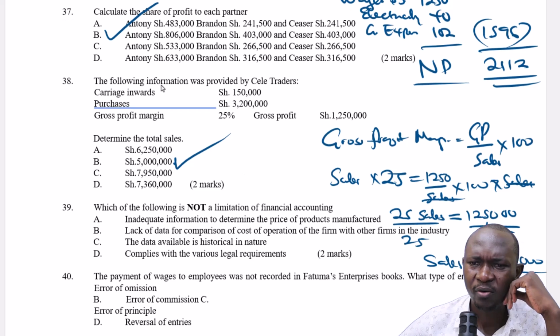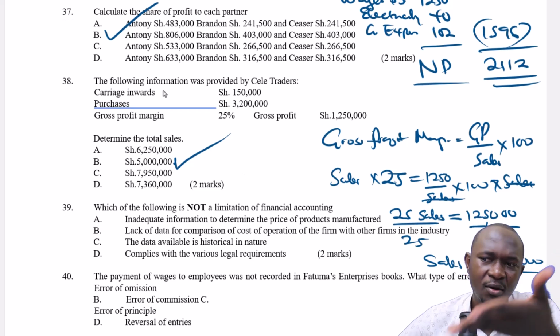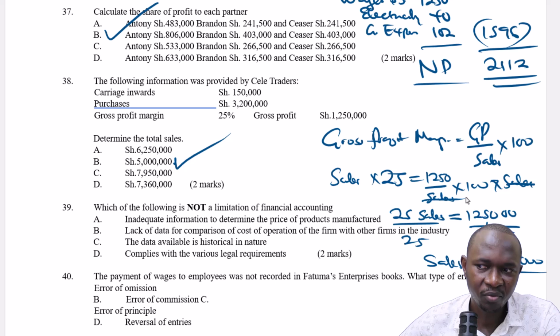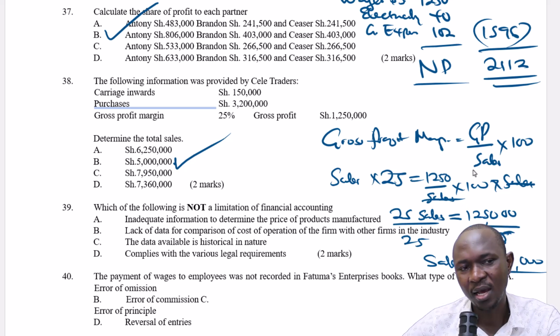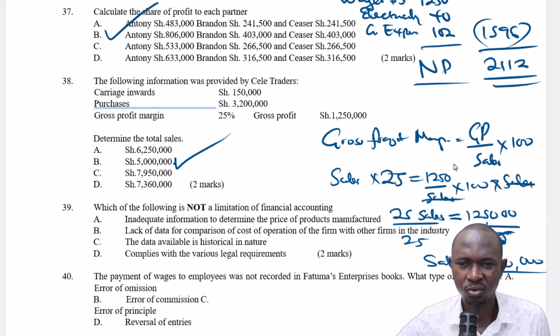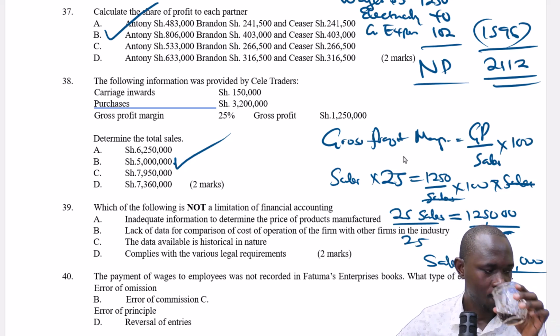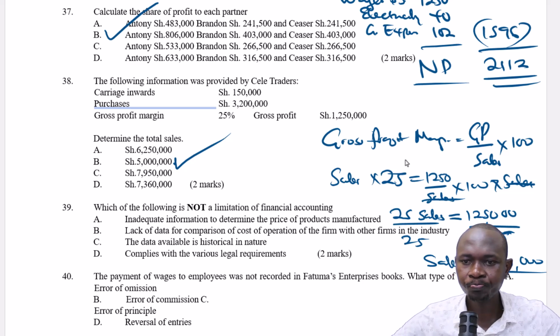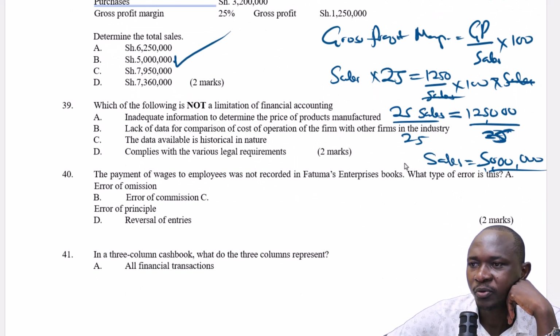Somebody might ask why we are not using carriage inwards and purchases. They are not important in the formula, and the formula is straightforward. It has one unknown, which we've already found out. So there's no need to go into a lot of other details. So then let's move on.